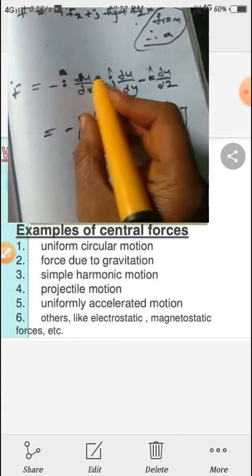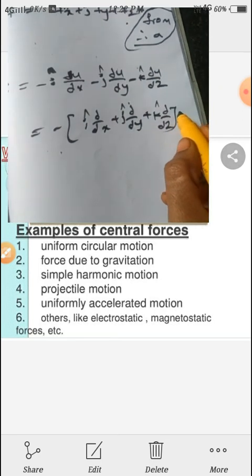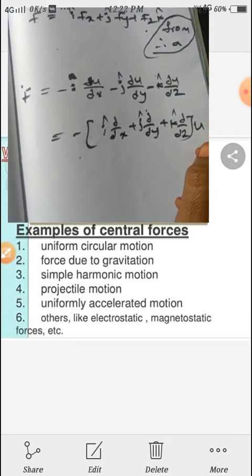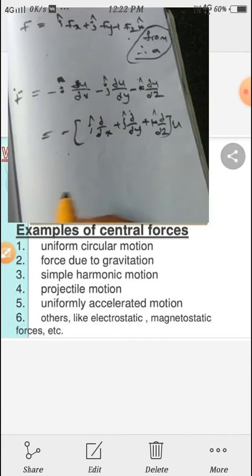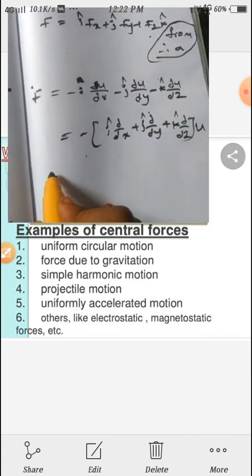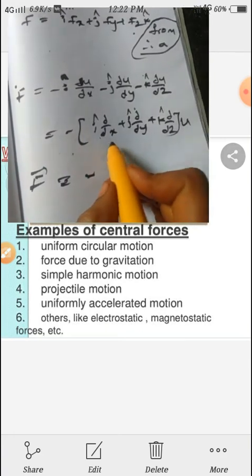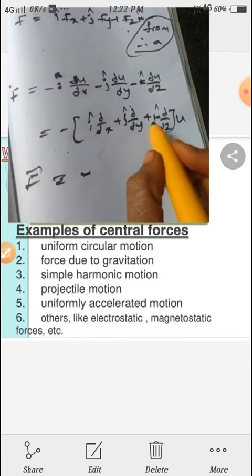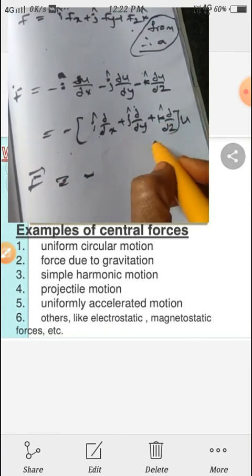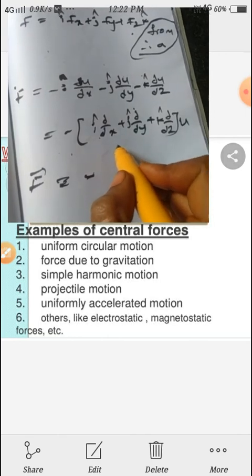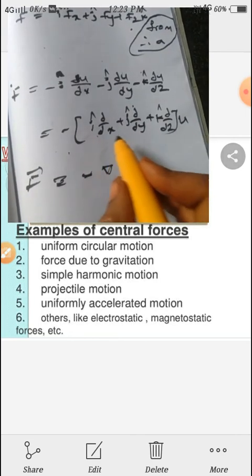So commonly we write it like this. F equals minus i cap dou by dou x plus j cap dou by dou y plus k cap dou by dou z, applied on U. We already know this value, that is del.